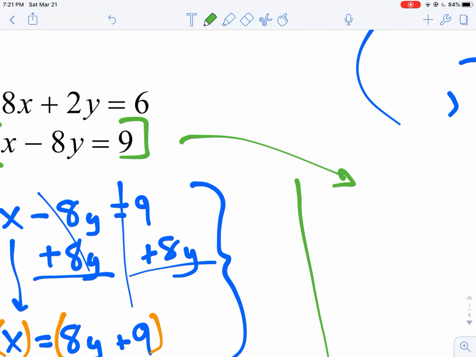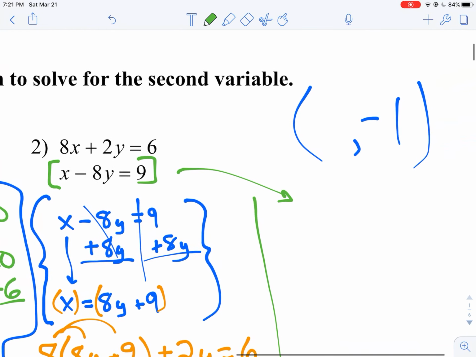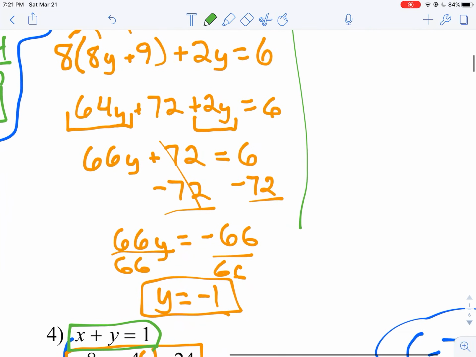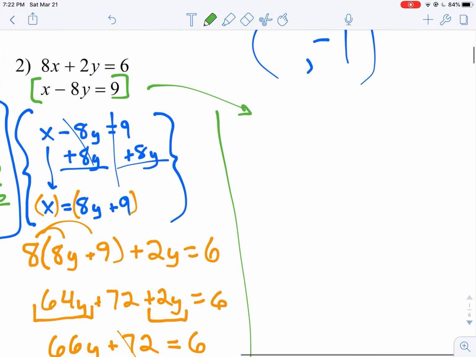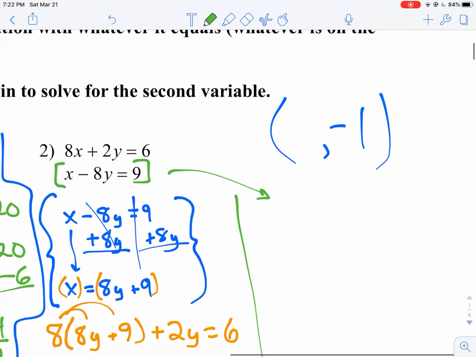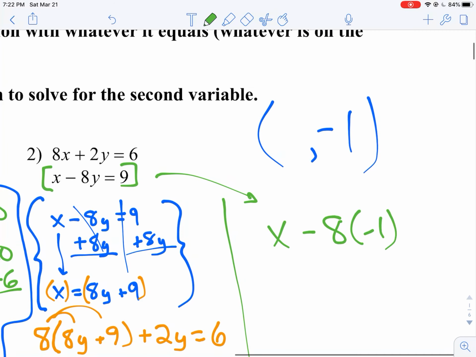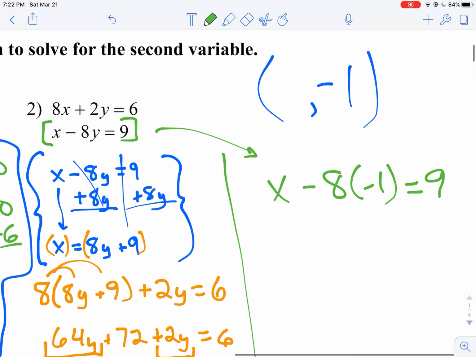So I'm going to take that equation, I'm going to rewrite it, but I'm going to substitute y as negative 1. All right, so here we go. x minus 8, and now y becomes negative 1. Okay, and then you're just going to go through and solve it just like you did on the last steps.